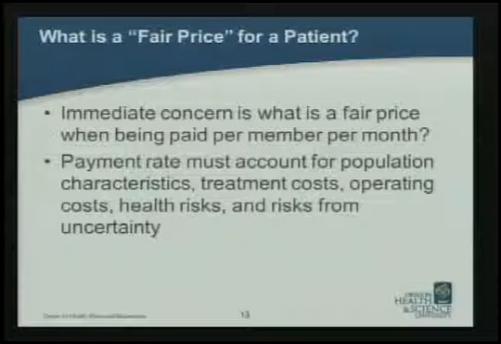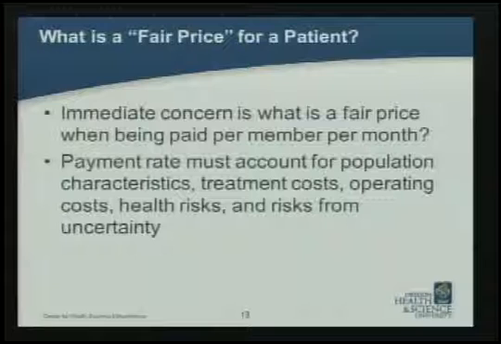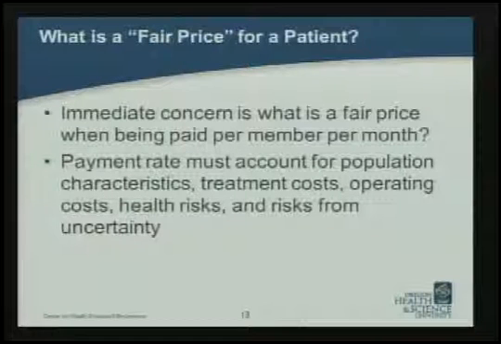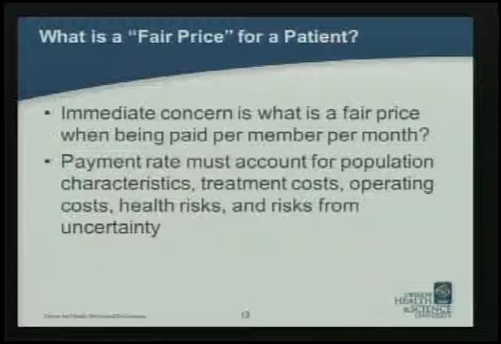To me, that sounds very complicated, and that's why actuaries are the ones at the Oregon Health Authority who try and come up with what that payment rate looks like based on things like underlying population characteristics, treatment costs, operating costs, health risks, risks from uncertainty in terms of the modeling and projections they themselves come up with, and kind of a number of other things. So the question we're interested in now is how is it actuaries do this, and what's a fair price for an average patient in some population?